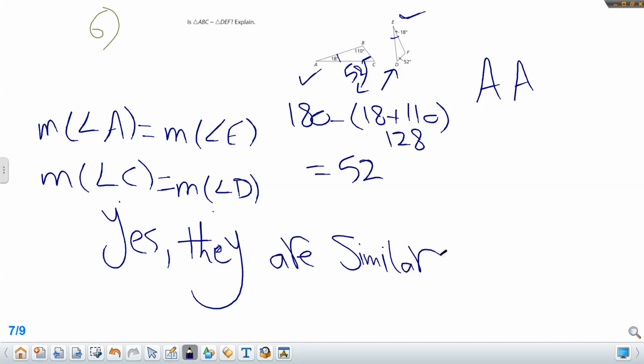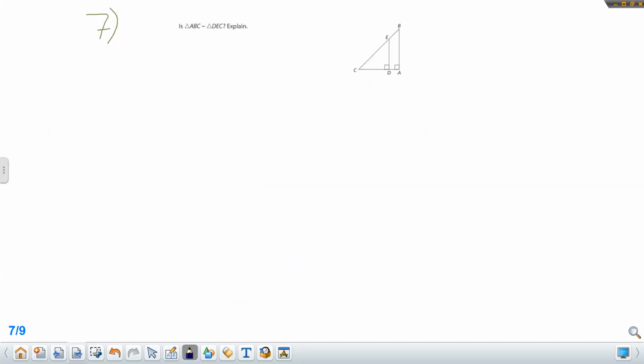Okay, next one. Is triangle ABC similar to DEC? Okay, I think here it's easy. First one, yes, good. Angle C is a common angle between the two triangles. But I need another one. Okay, it's so clear.